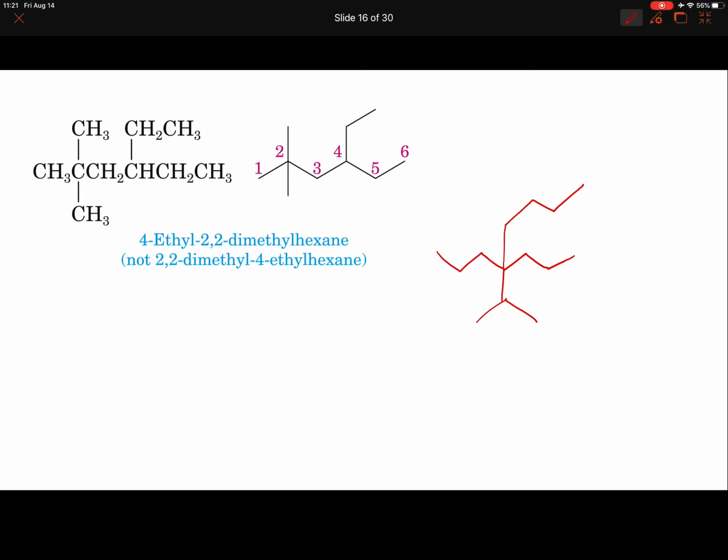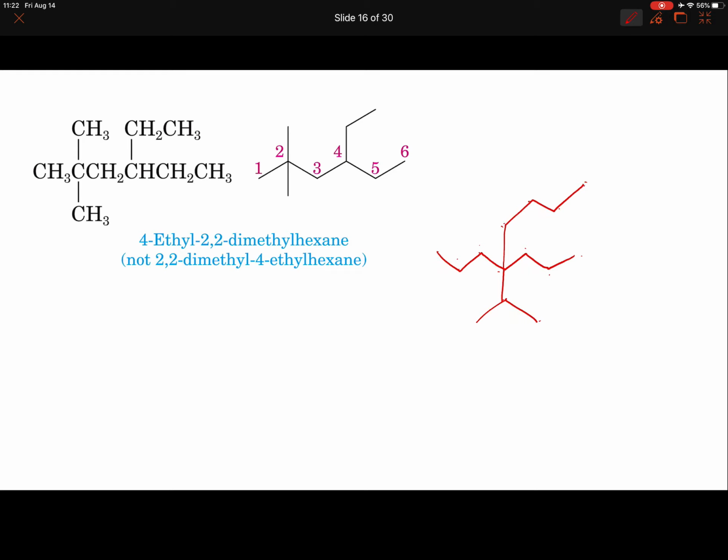All right. So we want to number this by longest parent chain first. So I'm going to just do some quick numbering. 1, 2, 3, 4, 5, 6, 7 if I go that way. 1, 2, 3, 4, 5, 6, 7, 8 if I go that way. 1, 2, 3, 4, 5, 6, 7.